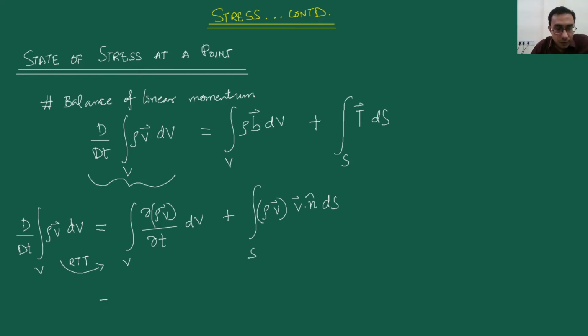Anyway, so what we'll do is we'll rewrite this entire thing in terms of a volume integral like this. This remains as it is, but this one will be in the form of a divergence. Okay, this will be in the form of a divergence. The rho v term will remain as it is.